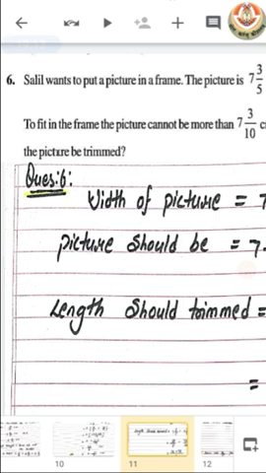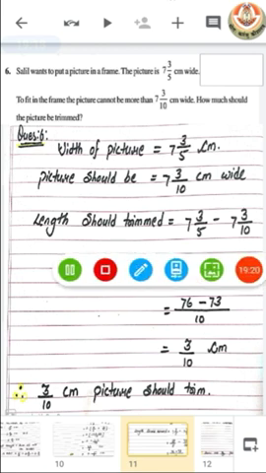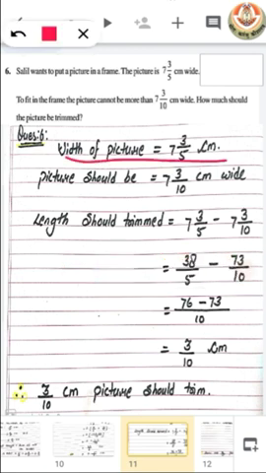For this we have to subtract the given fractions. Now let's try to solve it. We know that the width of the picture is 7 3 by 5 and the width of the frame is 7 3 by 10. So we have to trim this much, meaning we subtract them, and then we get to know how much the picture will be trimmed.